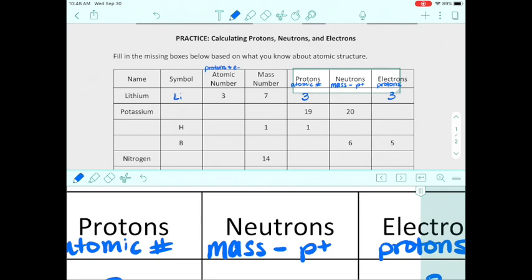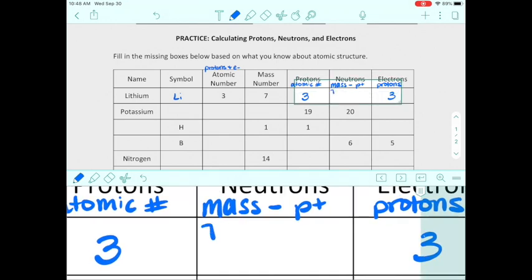So the mass number is 7, minus the protons is 3, so that means this number is 4. If you want to leave that in the box, you can, if that helps you with learning the process.